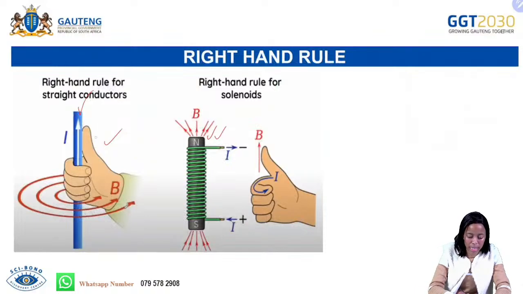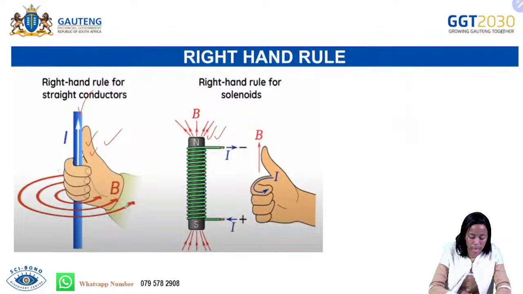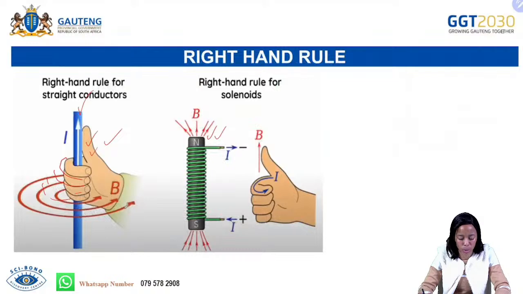With the right-hand rule, you are going to use your thumb to indicate the direction of the conventional current. And conventional current flows from the positive terminal to the negative terminal, okay? And the fingers are going to represent the direction of the magnetic field lines.